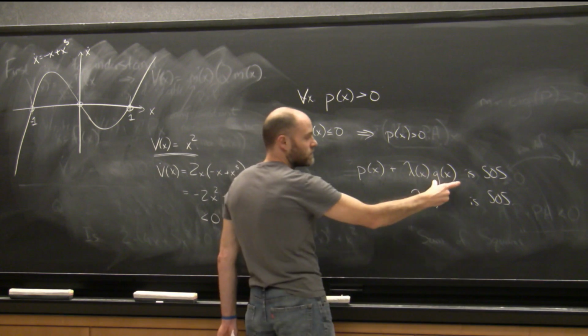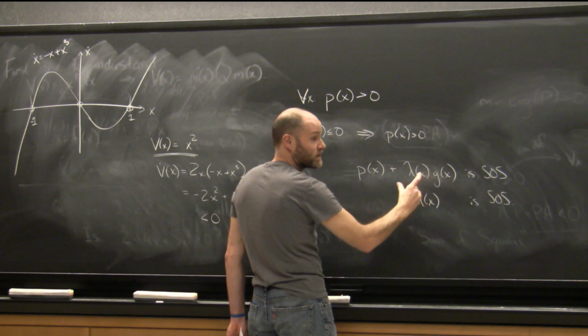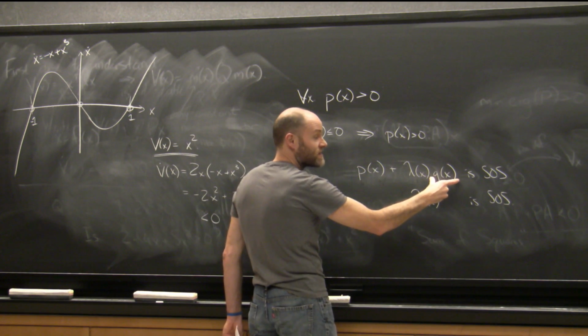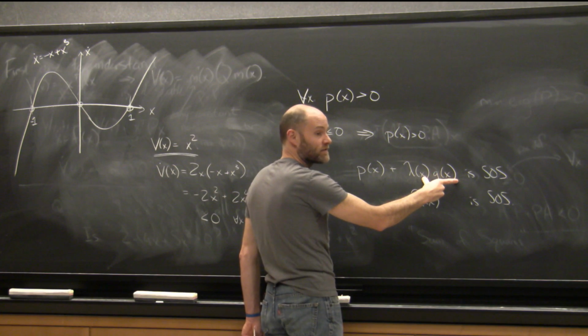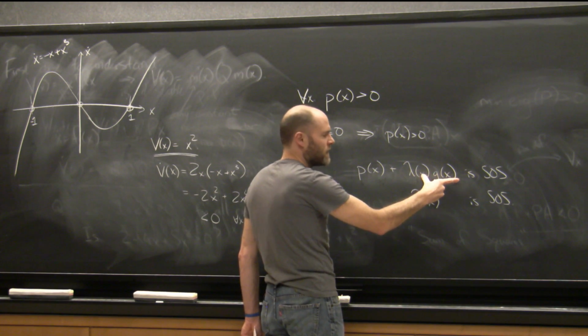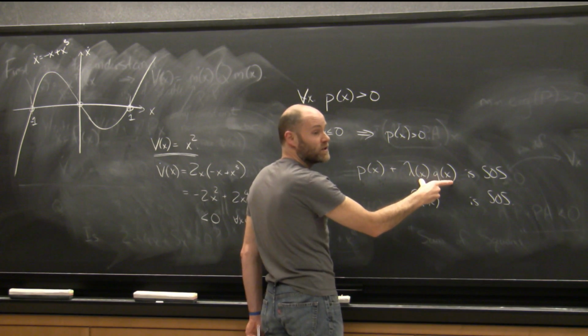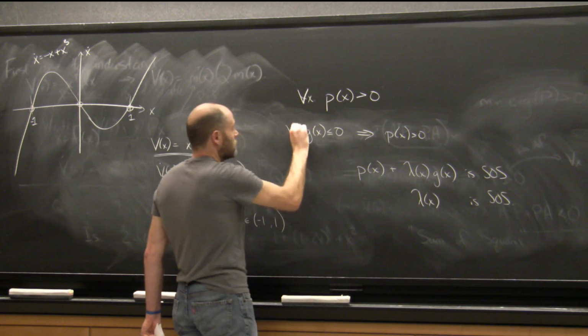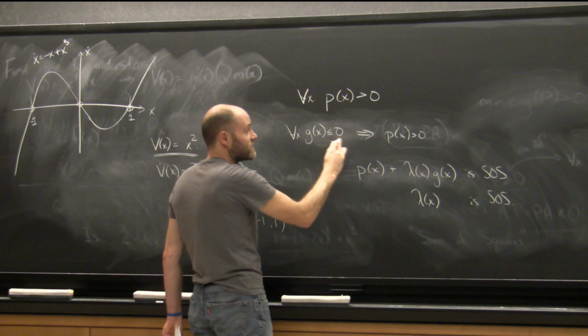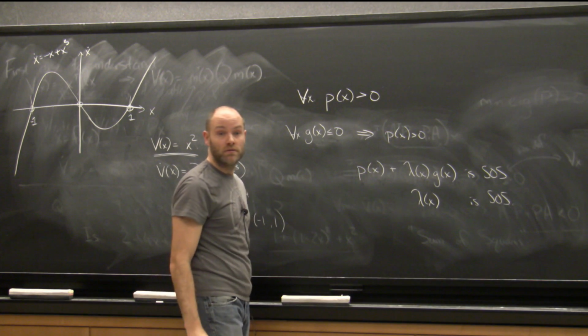There's lots of ways to look at it, but just algebraically, this thing helps you when you're outside the region. It's making it easier to certify sums of squares. And it hurts you inside the region. So it guarantees that for all x, when g of x is less than 0, I know that p of x is greater than 0.